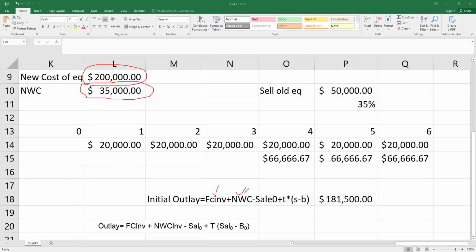And of course, you have the old equipment to replace with new equipment. You're not going to throw it away, you're going to sell it. And you decided to sell it for 50,000, which is this. And we subtracted 50,000. And then whenever you sell something, you have to pay tax on that if the selling price is more than the book value.